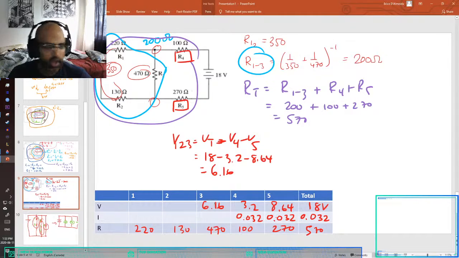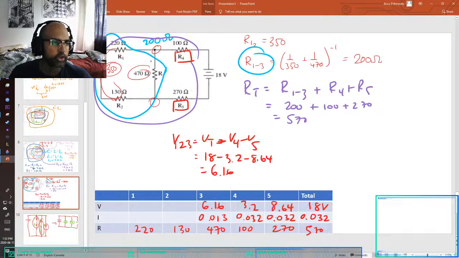Now that I have that, I can solve for the current. It's like it's a weird game where you find information about this, use Ohm's law again, calculate the missing value, analyze the circuit, get a new value, figure out what else is the same. That sort of game we gotta play. So we got 6.16 divided by 470, we're getting a current of 0.013.